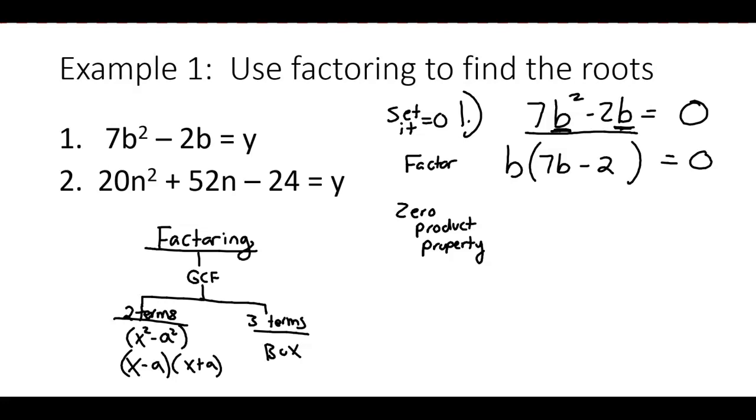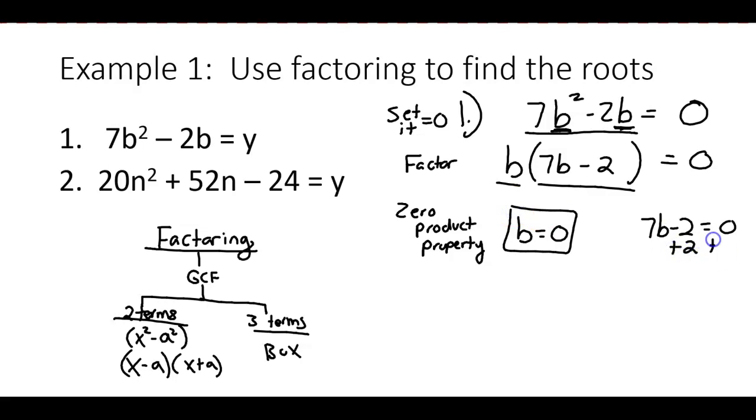All right, so here's what the zero product property says. It says that if you have two things that are multiplied together that equal 0, then one of them has to equal 0. So either b equals 0 or 7b minus 2 equals 0. And we're just going to solve both of those. Okay, so this one is done. This one we have to do a little work on.